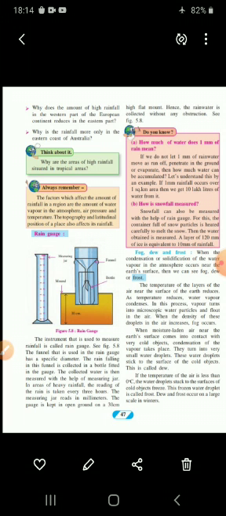Children, for calculating rainfall, the rain gauge, the instrument from which we are supposed to calculate the amount of rainfall, should be placed in an open ground, understood, where there is no obstruction.